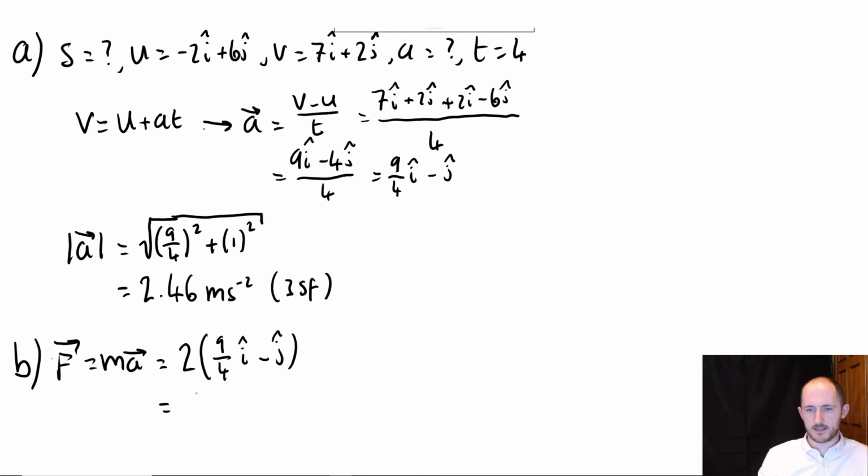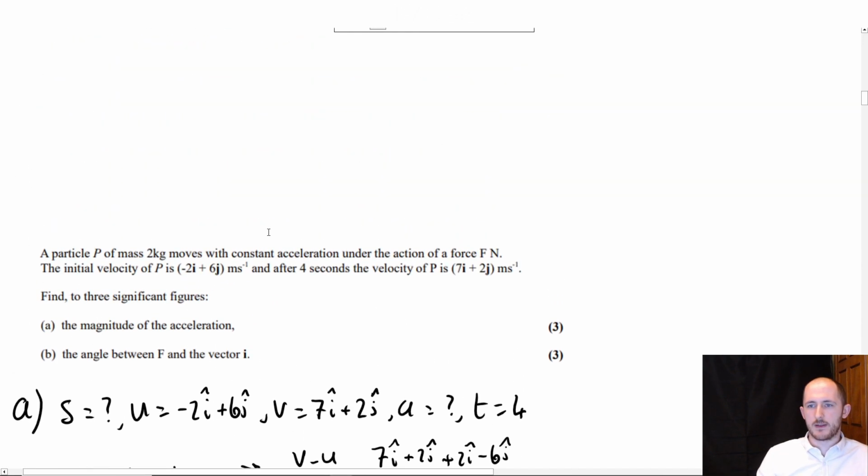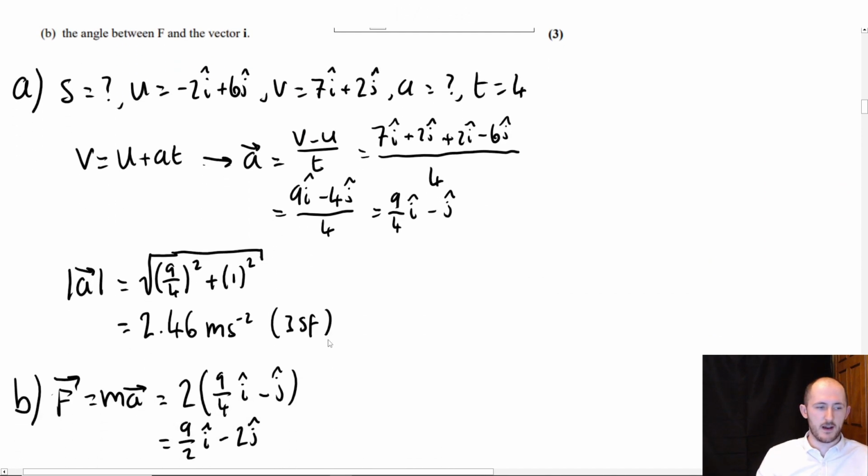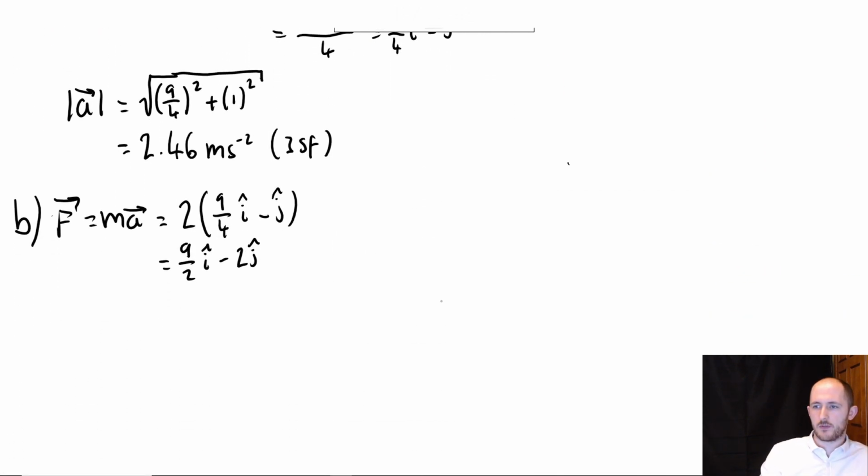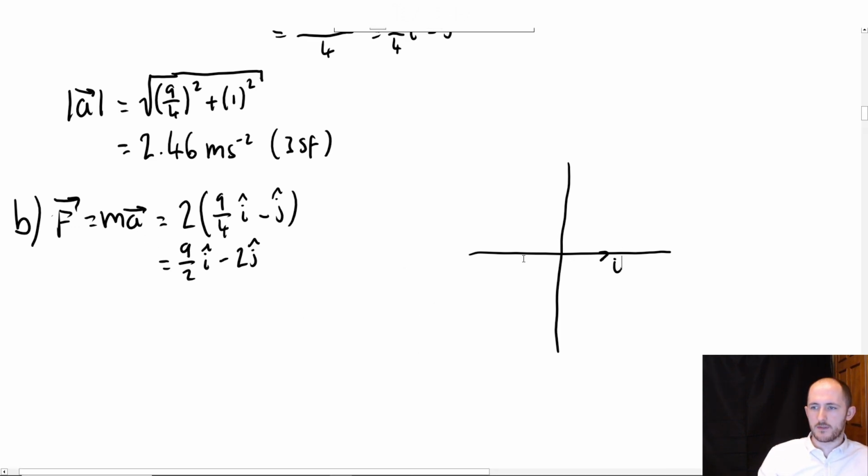So what I'm going to do instead is do it the slightly longer way. We're doing it between the vector of the force and the vector i. So if I draw my grid, i is going to be this way, and for the force it's 9/2 to the right and it's -2 down, so it's going to be a force that looks something like this.